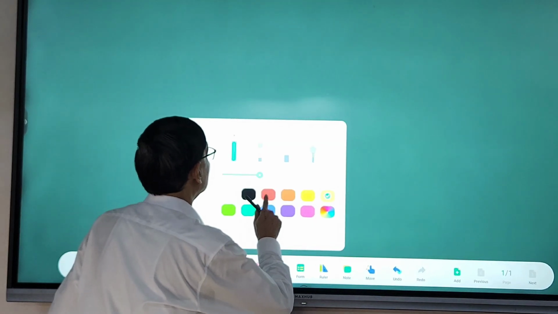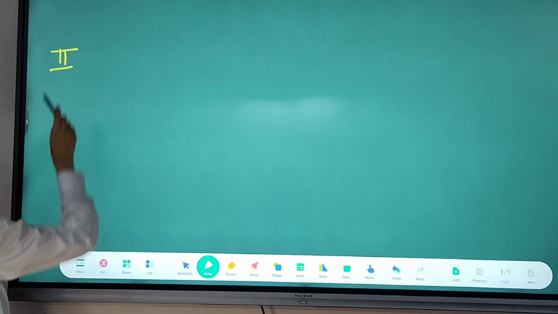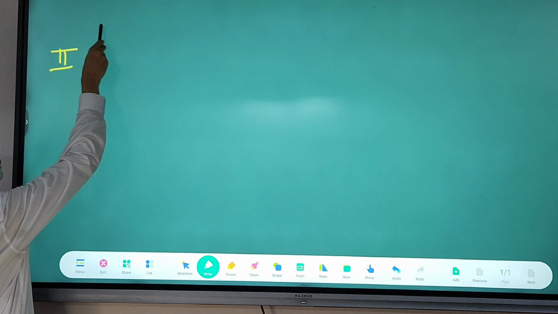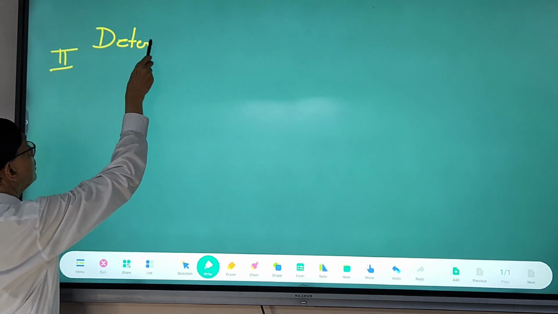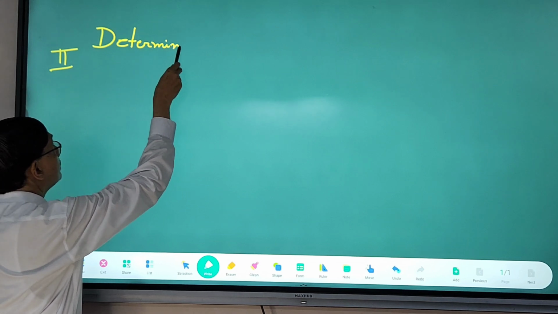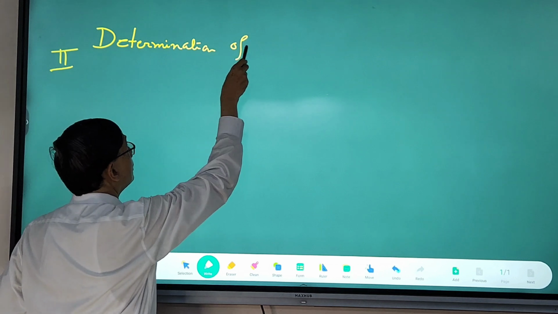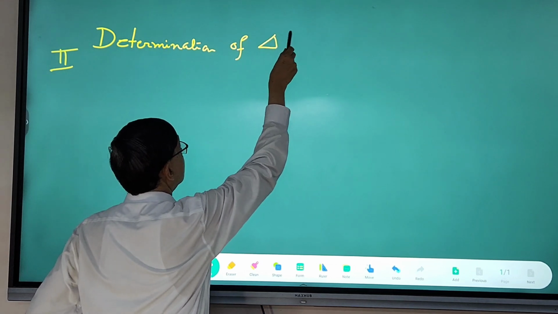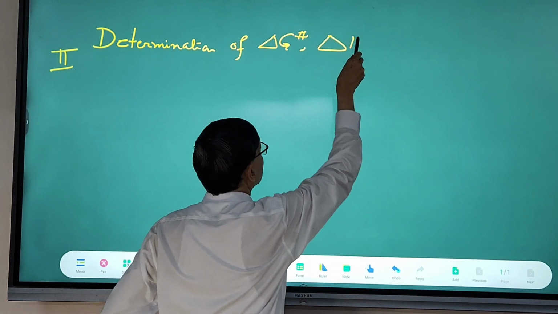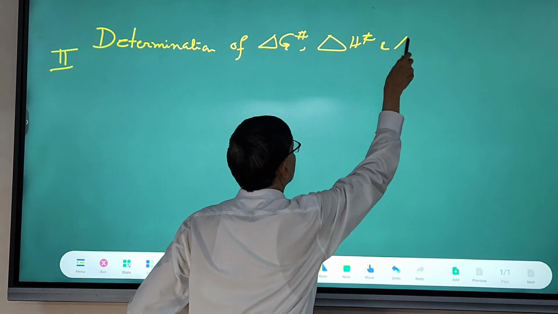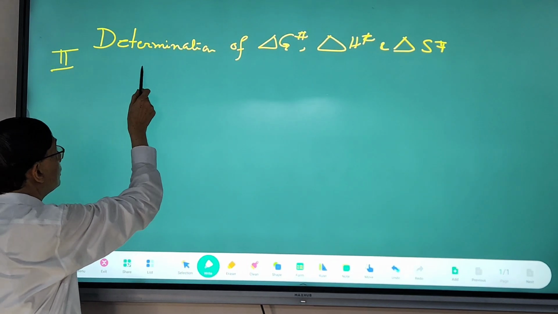Second part is application number 2, the last application: the determination of delta G, delta H and delta S. And again it is of 2 types.